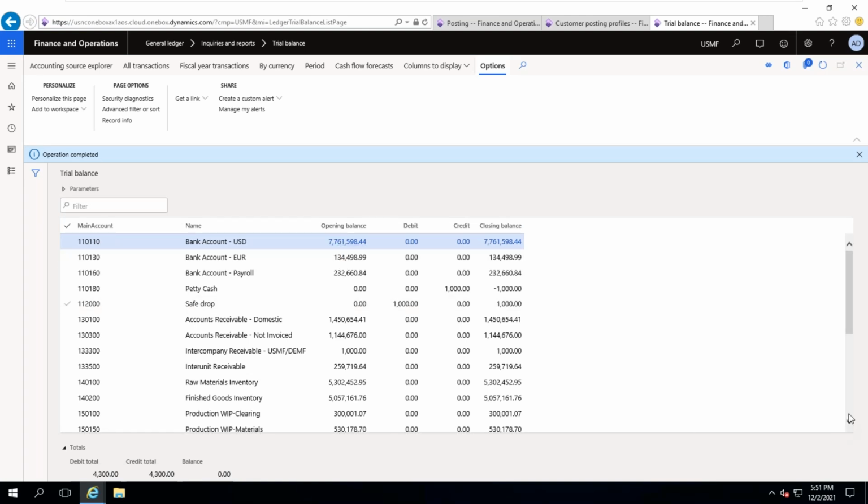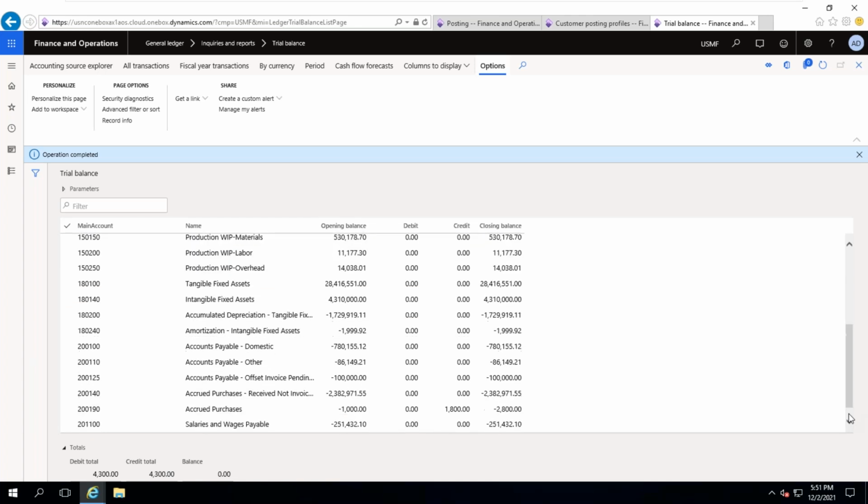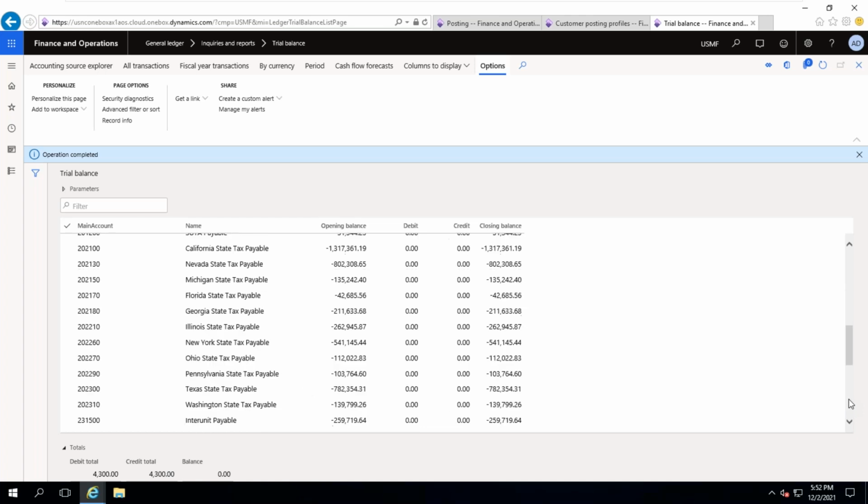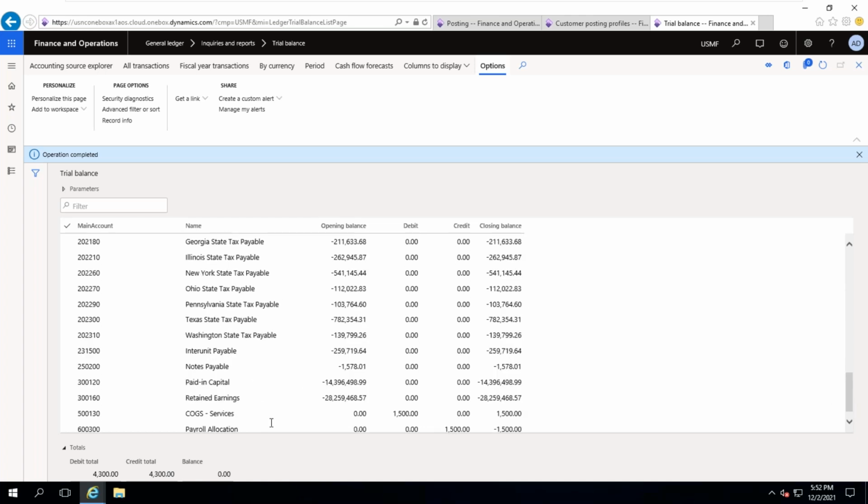Like there are around 500 transactions, 400 or 500 ledger accounts will be there. One by one, the balances will be displayed in the trial balance. There are many transactions. Okay, fine.